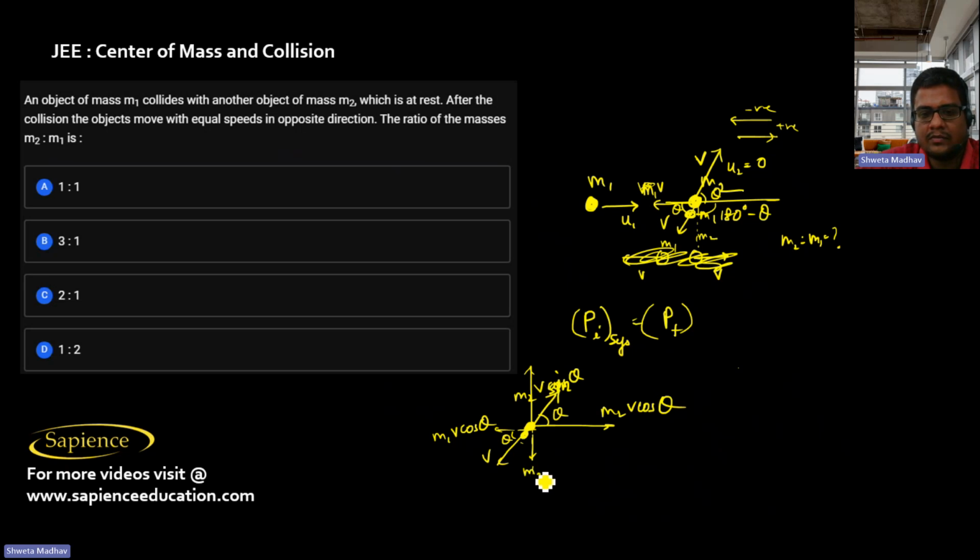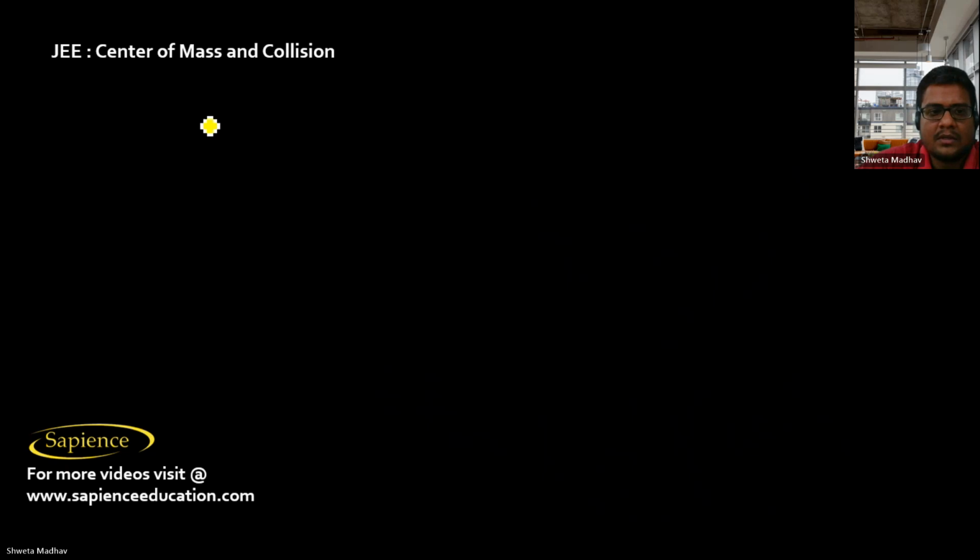So m1 v sin theta will be equal to m2 v sin theta. Also, we can say that m2 v cos theta minus m1 v cos theta, the final one, will be equal to m1 u1.